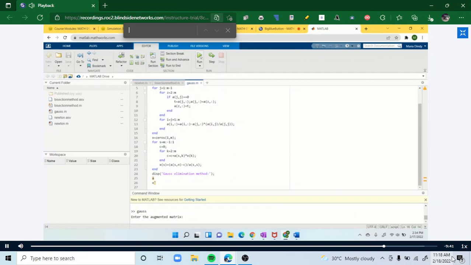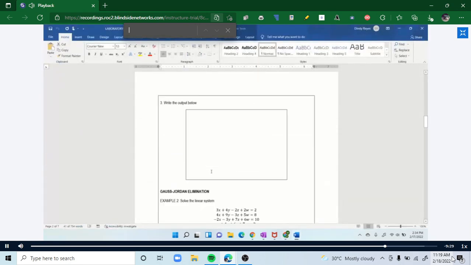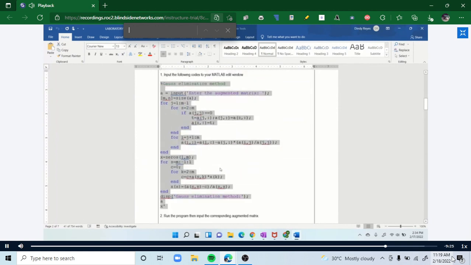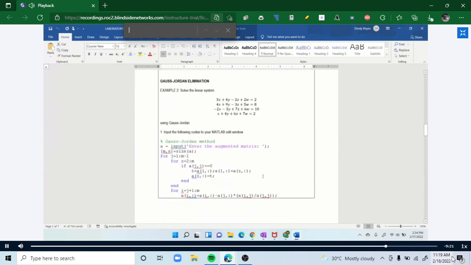Okay, pag in-enter mo yung Gauss, o kaya ni-run mo yung program na yan, you have to enter the augmented matrix of the system. Let's say, for example, augmented matrix dito, katulad nito. Ito. Ang haba.